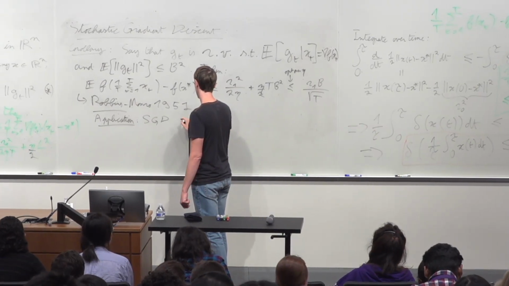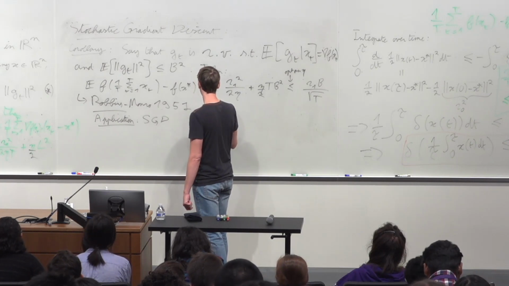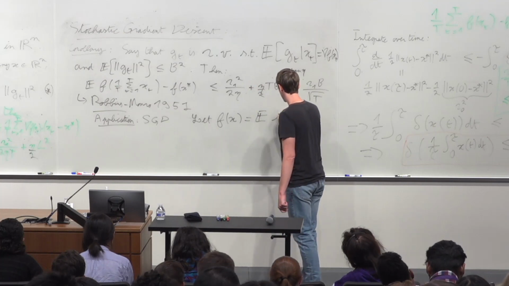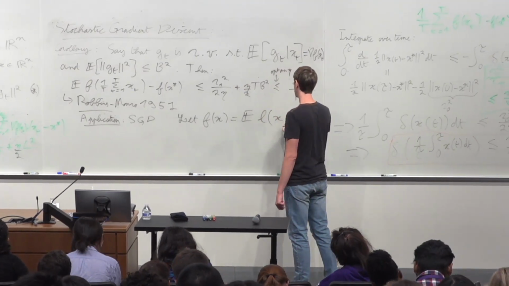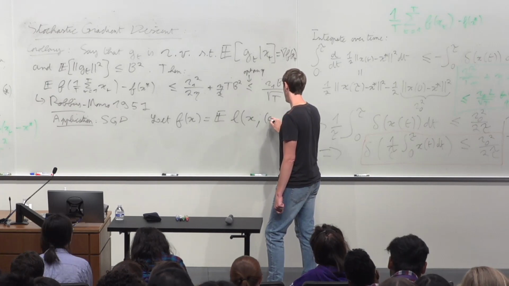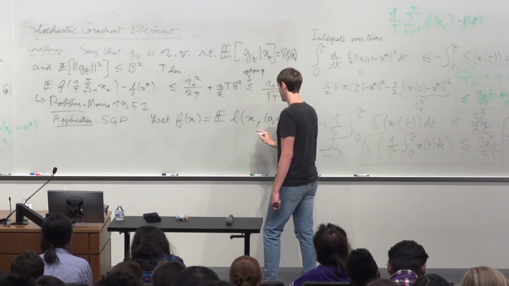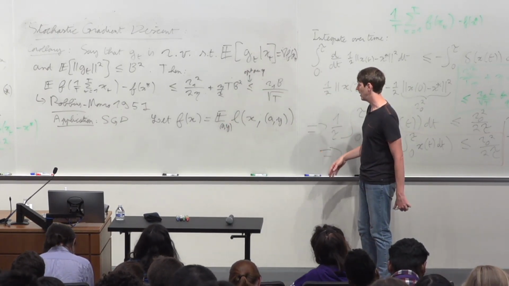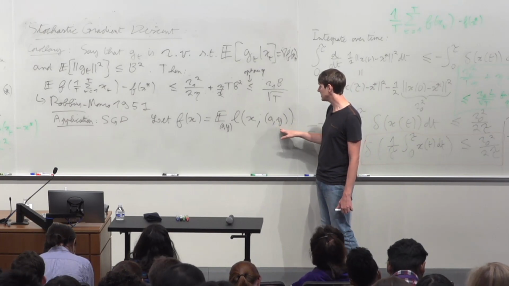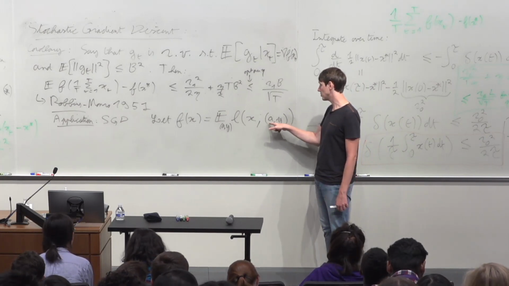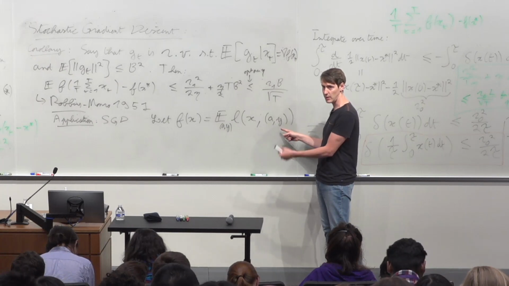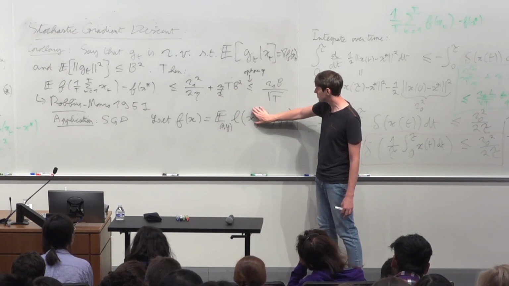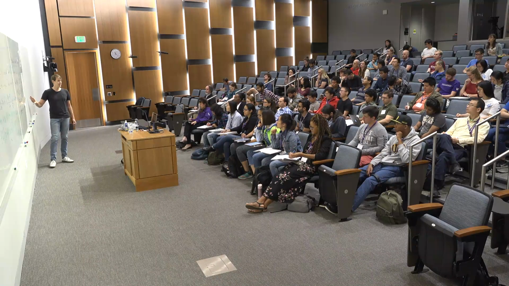So let f of x be the expectation of a certain loss function on this x for a pair a, y, over a and y. You've seen in statistical learning theory with Rob that we make this IID assumption: the world is giving us random features and random labels, from a distribution that we don't know. What we really want is to find the best predictor in expectation.